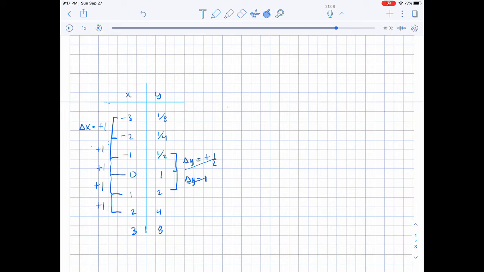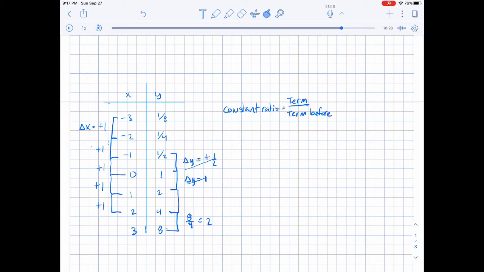A constant ratio is when the term divided by the term before it is constant. For instance, let's take 8 divided by 4. That's equivalent to 2.